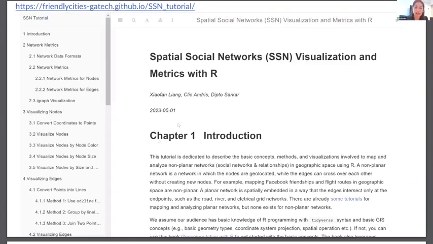We wanted to allow researchers to implement some of the new metrics and approaches we were working on, so we created a spatial social network R package. This one uses a lot of visualization, and one benefit is that it connects iGraph with TMap and some of those packages pretty fluidly.